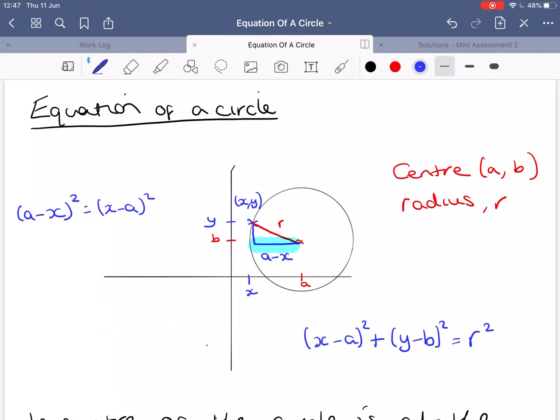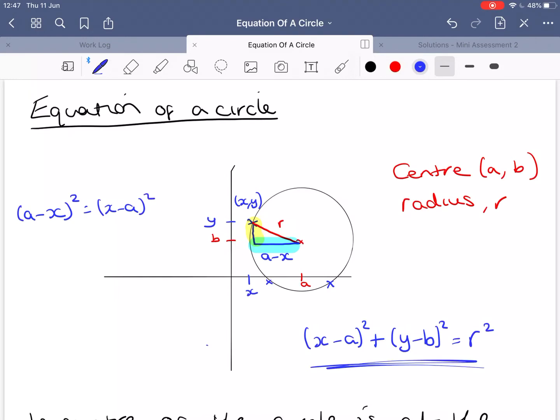So actually, a take away x squared is exactly the same as x take away a squared. So my equation for my circle is going to be the same: the base squared, which I can write as x take away a squared, plus the height squared, which is y take away b squared, equals r squared. And it wouldn't matter if I chose a point down here or over here.